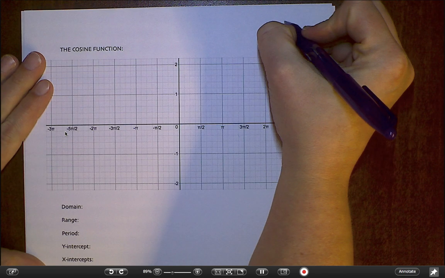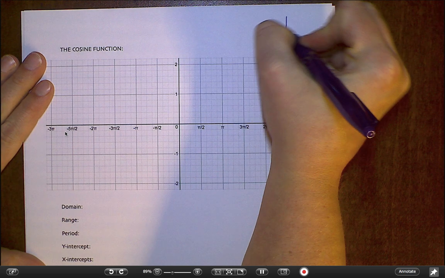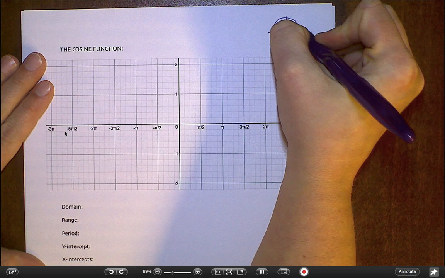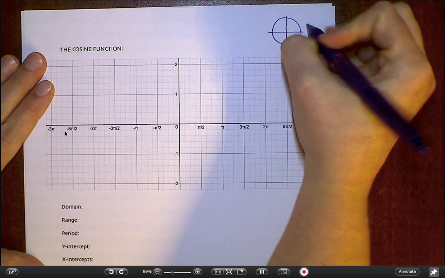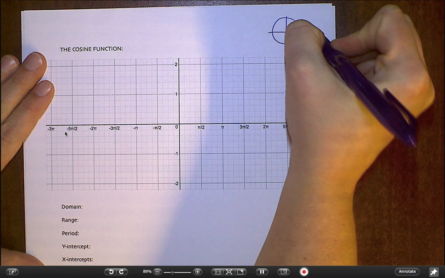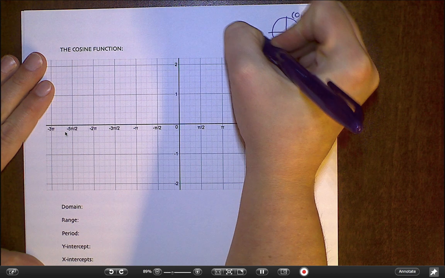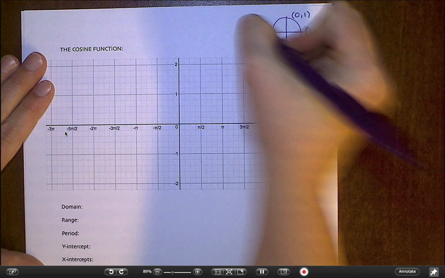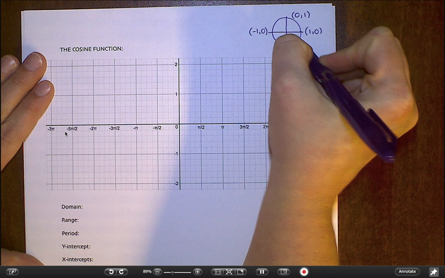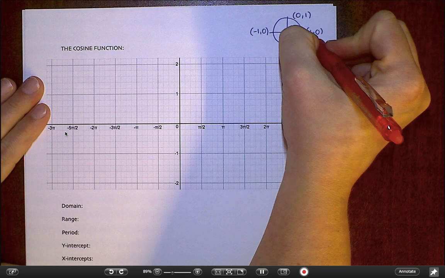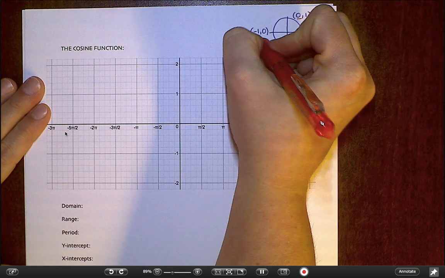I'm going to start this the same way I did a second ago with a circle. And I don't think I need to number the angles again, but I'll put the coordinates back down here. So (1, 0), (0, 1), (-1, 0), and (0, -1). And this time I'm focusing on the cosine value, so I'm focusing on these x coordinates.